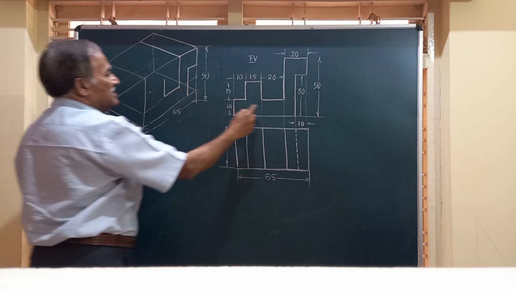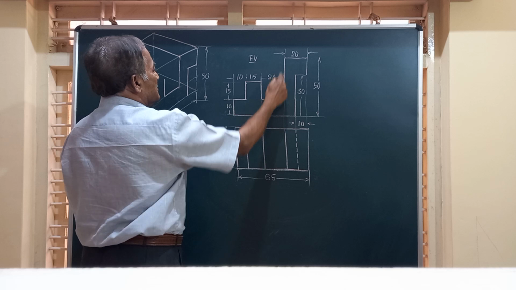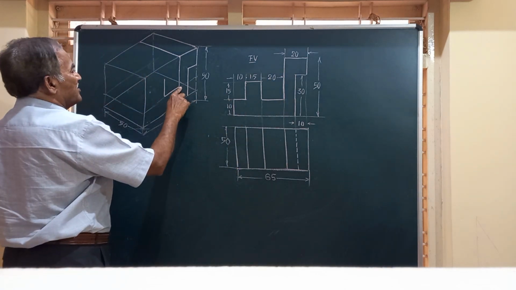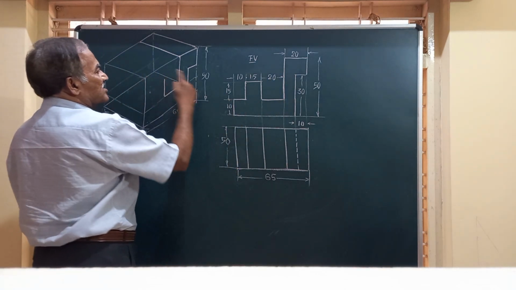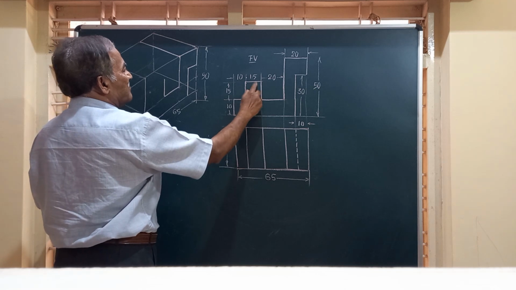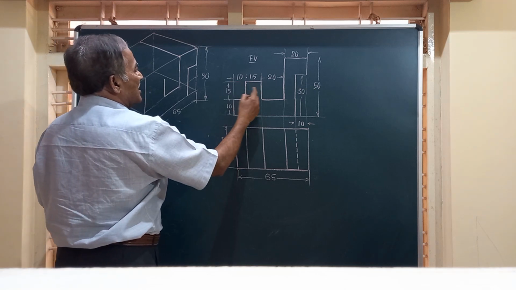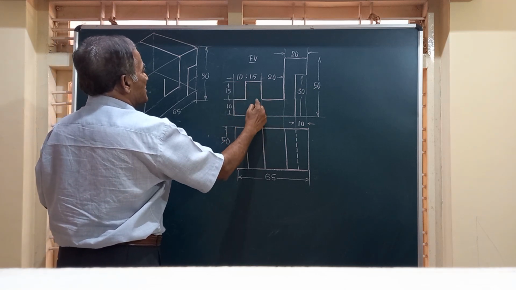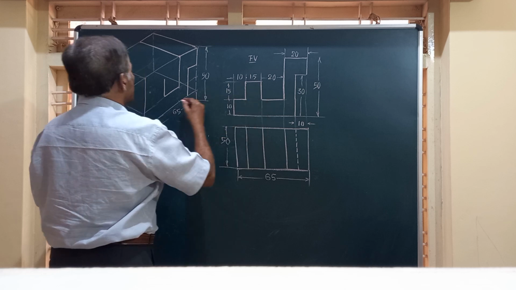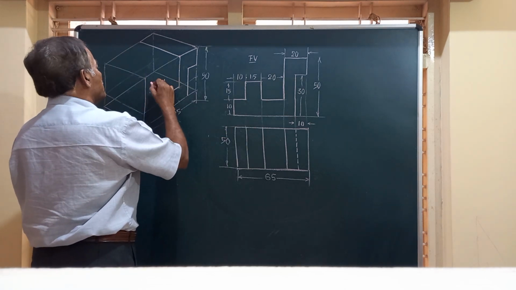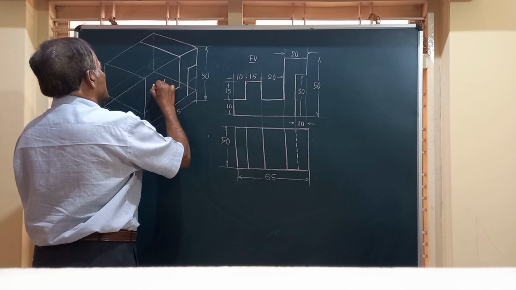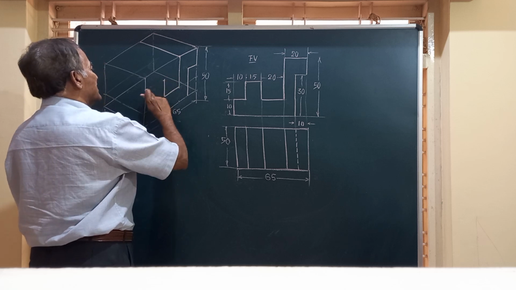So this line is this horizontal I have written here, and then this height of 15 from there, and then friends, horizontal, vertical 15, horizontal 15 again, horizontal 15 parallel to this edge.